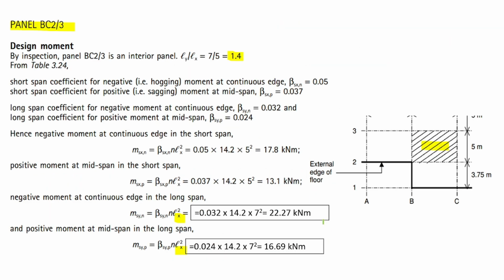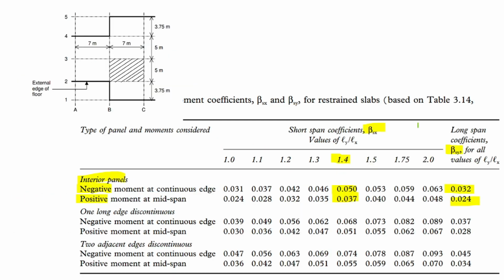So for example, BC23. This is in the interior part, so we go back here, interior. Negative means at the support, positive means at the midspan. This is the ratio that we take between long and short span.